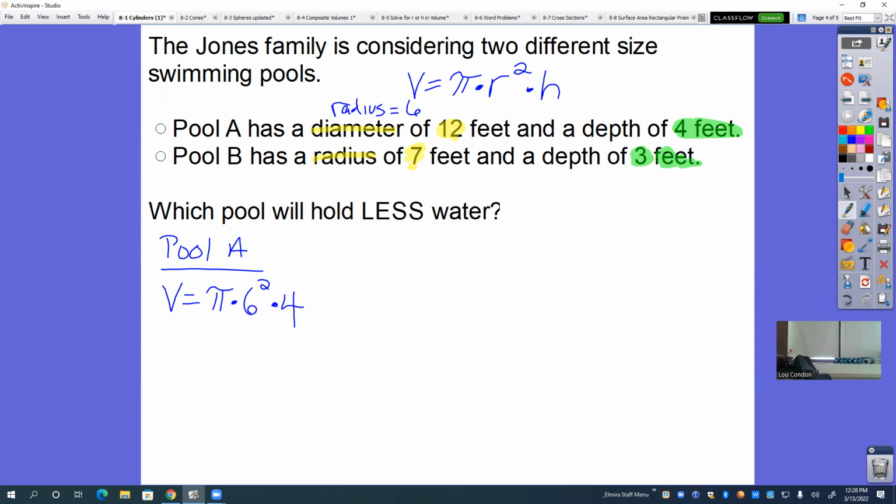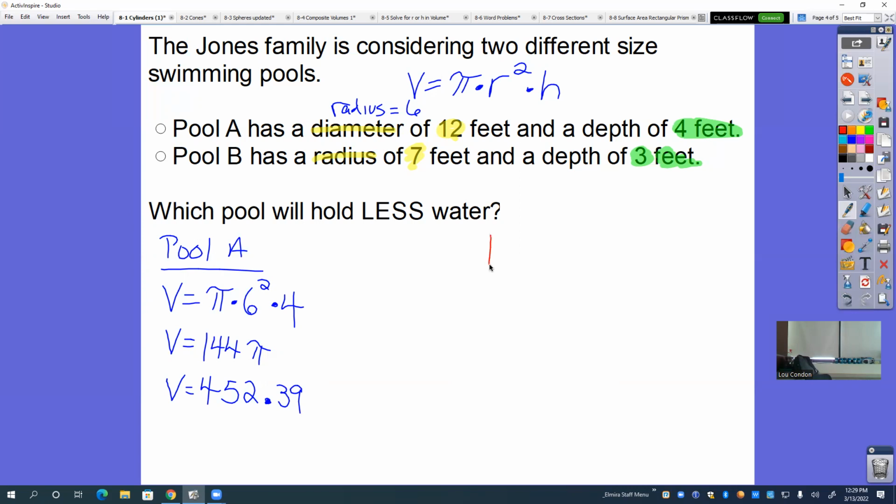When you punch that into the calculator, you would get 144 pi, which would equal 452.39. So that's how much water pool A holds.